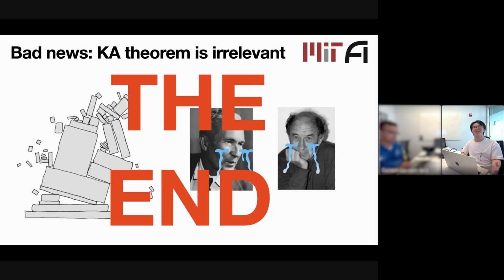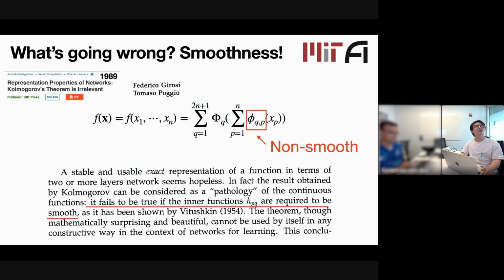So this seems really bad. Is it the end of the whole talk? Of course not. No, I'm just kidding. It's not the end. We want to see what's really going on, and why they made such a claim that the representation theorem is irrelevant. So I again quote their paper.